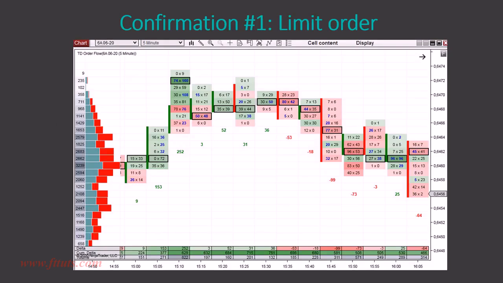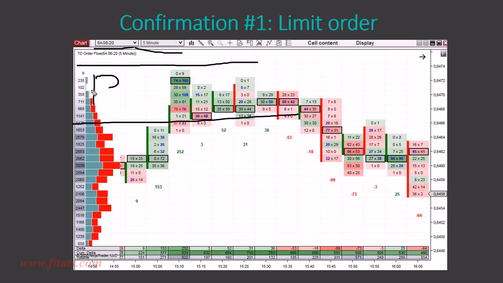into the last example. This is also the Australian dollar futures 5-minute chart. Let's say that this is a resistance zone, and in this resistance zone you want to see the confirmation. You want to go short, so you want to see confirmation on the ask side of the footprint.